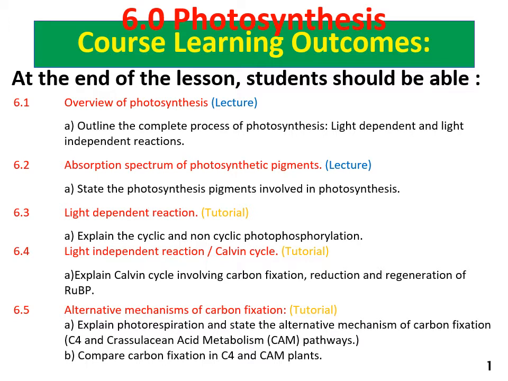So now we move to chapter 6, photosynthesis. Under this topic there are 5 subtopics. 6.1 is the overview of photosynthesis. 6.2 observation spectrum of photosynthetic pigments. 6.3 light dependent reaction. 6.4 light independent reaction, also known as Calvin cycle, and 6.5 alternative mechanisms of carbon fixation.